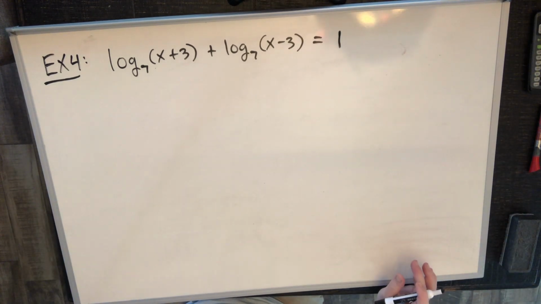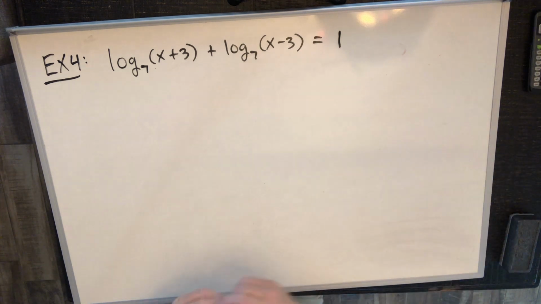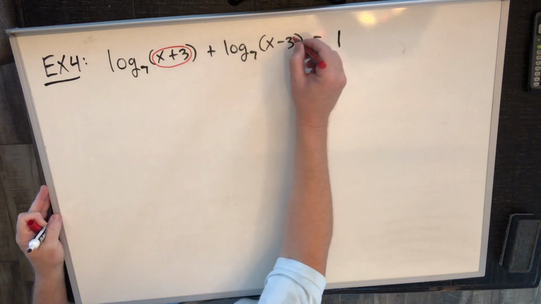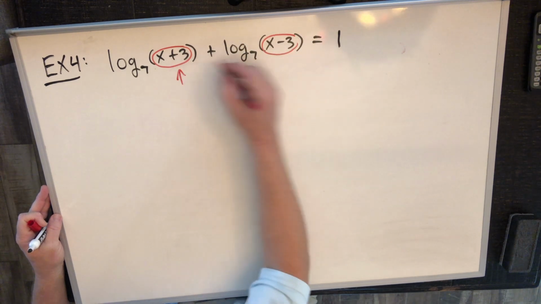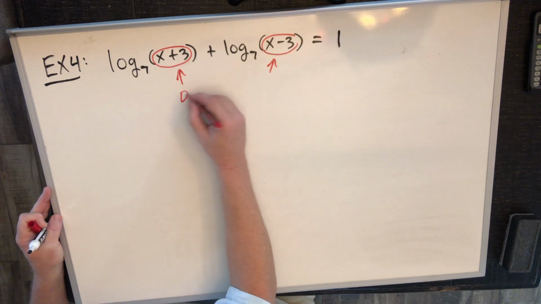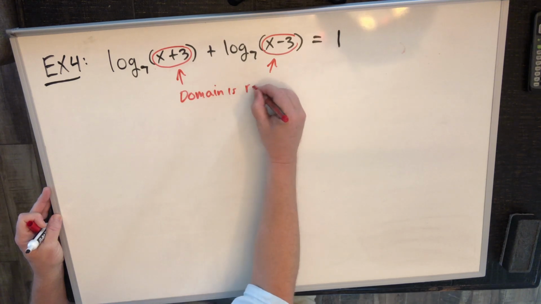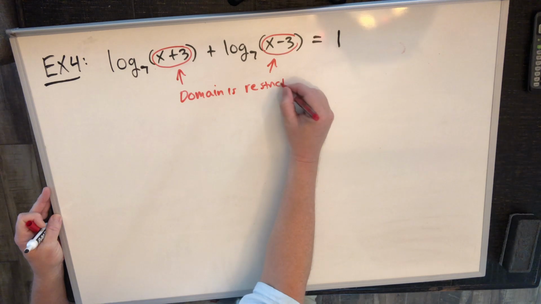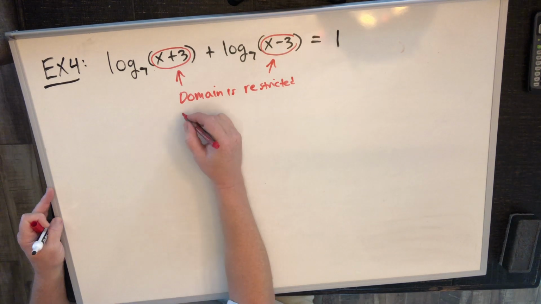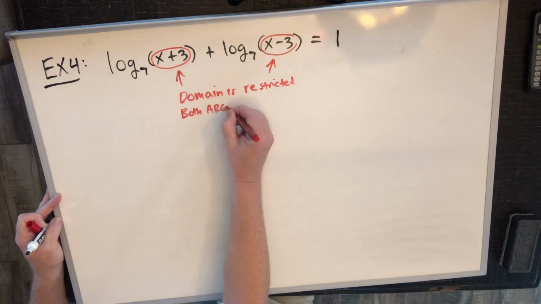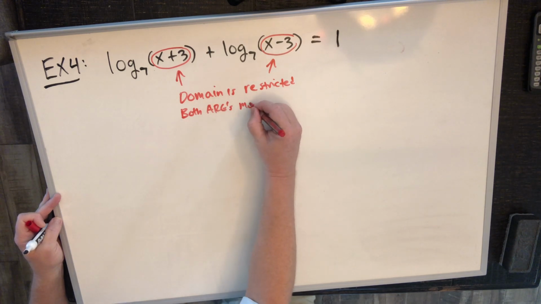So this time, the domain is restricted. Both arguments must be greater than 0.